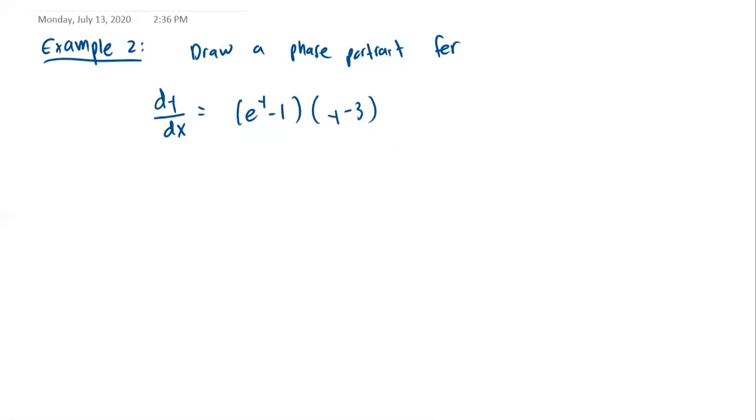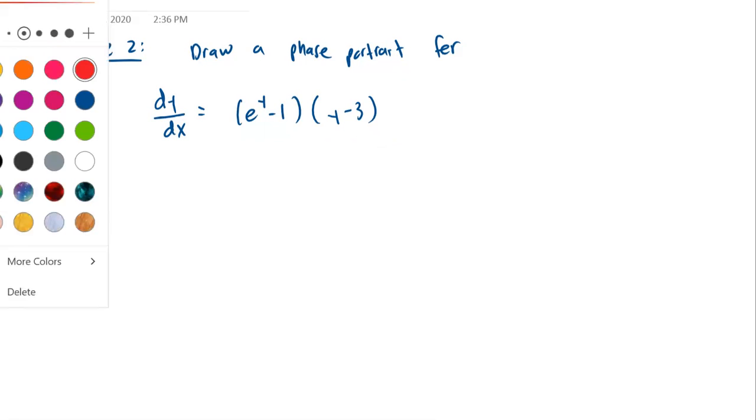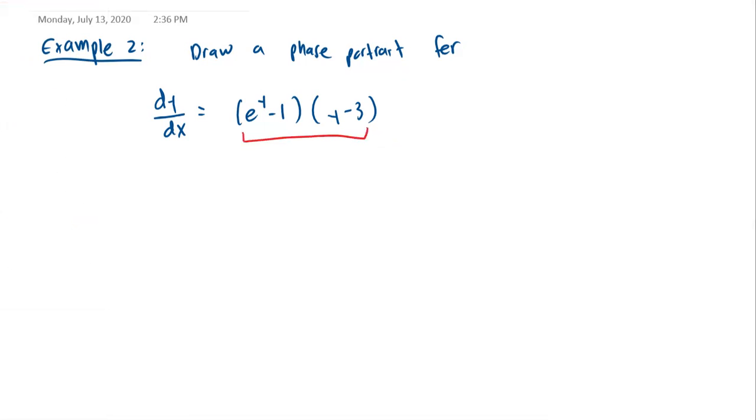As I mentioned earlier, following the process we did in the previous video, in the previous example, first find the equilibrium solutions. So this is your f(y). Okay. So first, to find equilibrium solutions, solve f(y) equals 0.